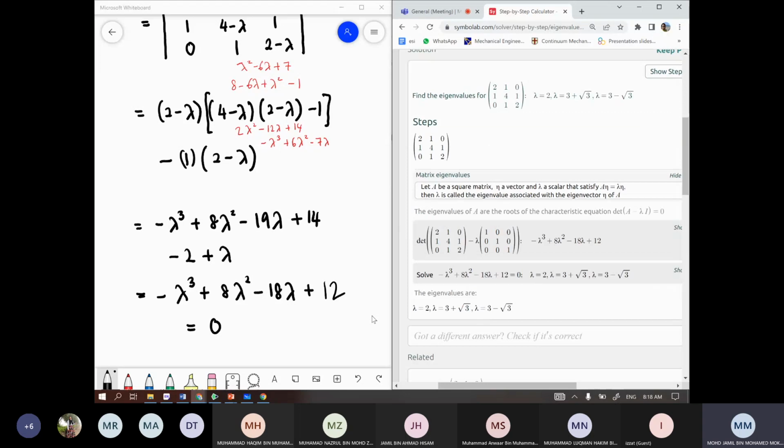Okay, so you can factorize using calculator.